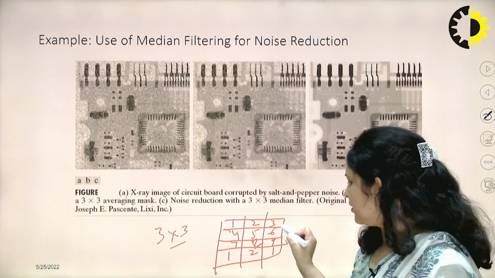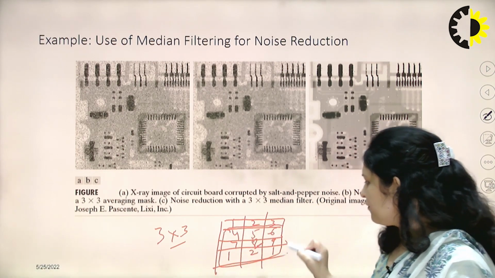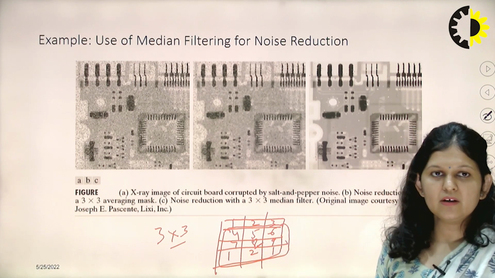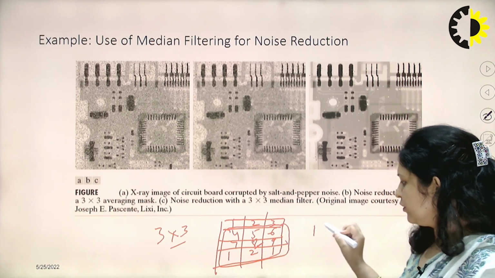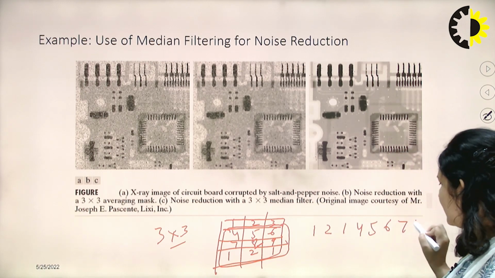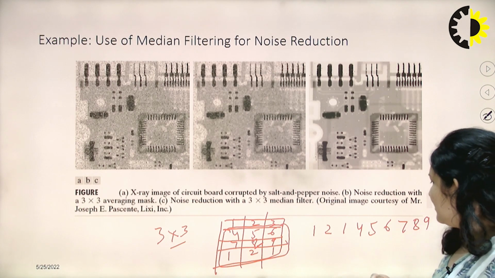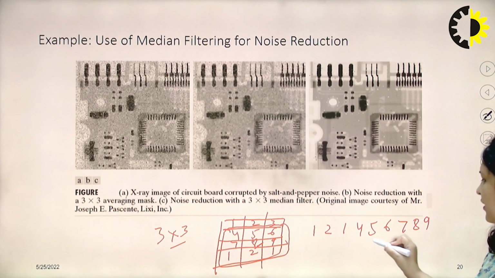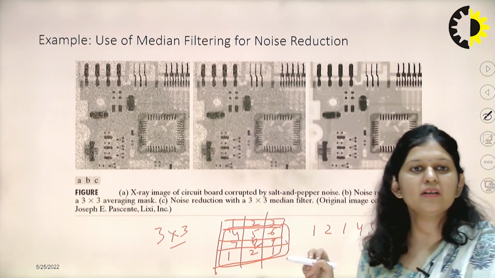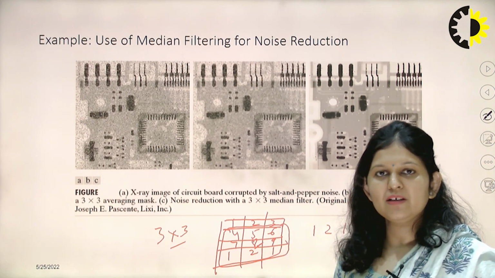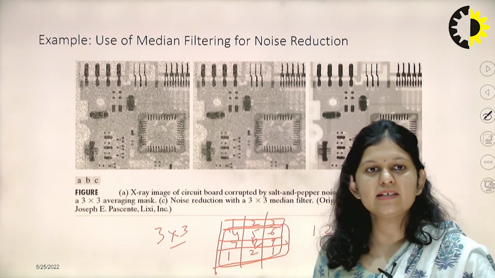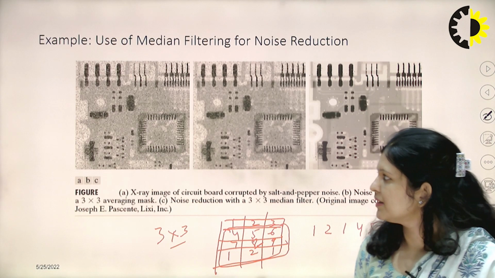We take the neighborhood, so we will take this much area. Now we rearrange all these values in ascending order: 1, 2, 3, 4, 5, 6, 7, 8, 9. Now let's see the middle value. The middle value over here is 5. So 8 would be replaced by 5. This is how the median filter works. Based upon the ranking, we arrange the values in ascending order and then replace the value.